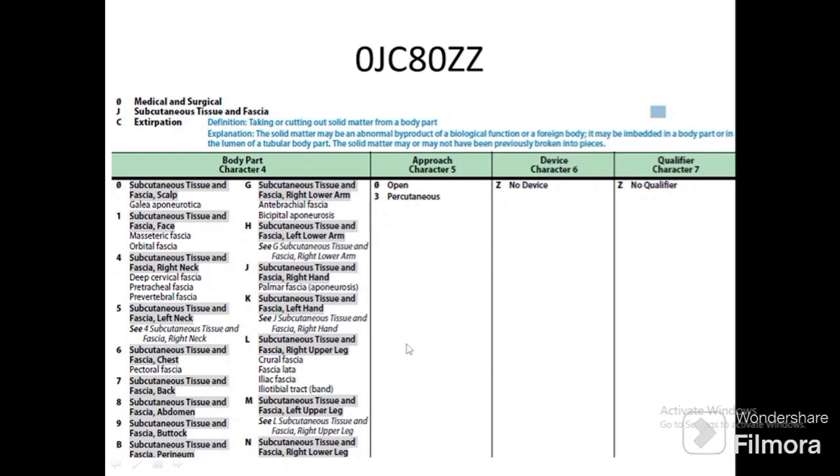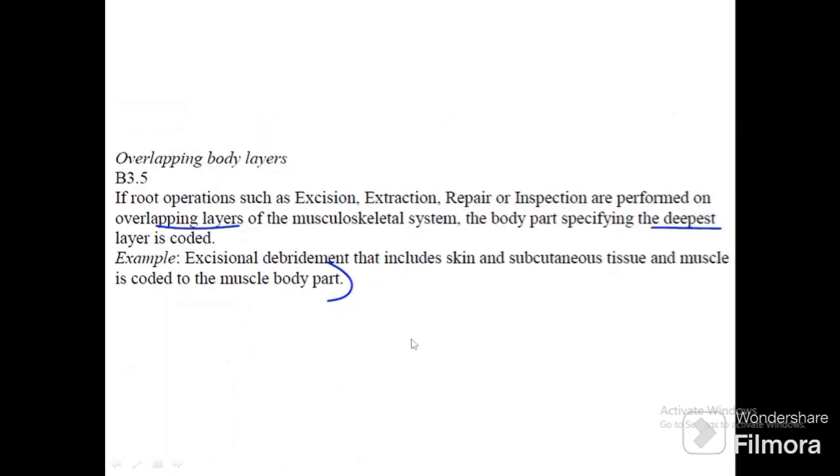So here an important guideline to note is, see, whenever there is some procedure like excision, extraction, repair or inspection on different or overlapping layers of the body wall, then we should go to the deepest layer. That means, for example, if there is excisional debridement that includes skin, subcutaneous tissue and muscle, you should always go to the deepest layer.